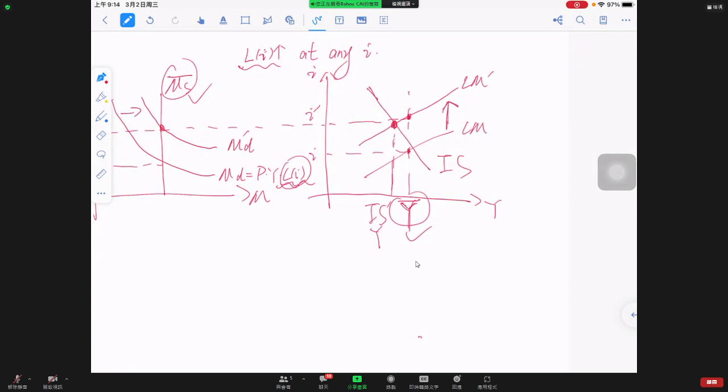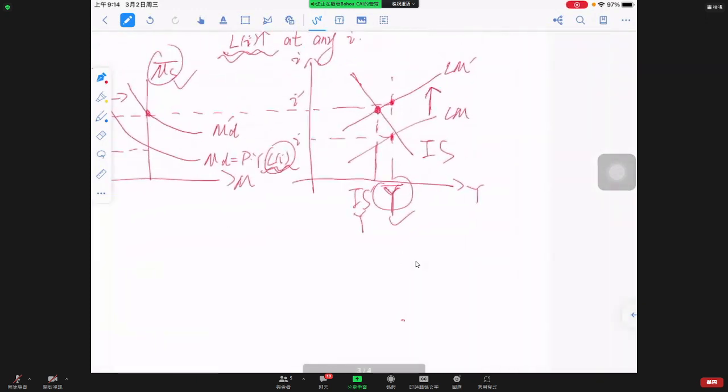By unchanged output, I just said for this increase of risk, the LM curve will shift up at any given level of Y. So this unchanged output just means at any given level of Y, we have an increase in I. Did I say it clearly? So we only consider the effect on I in this question when we mention the financial market.